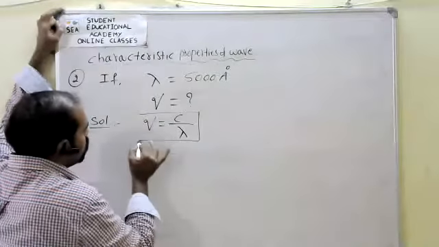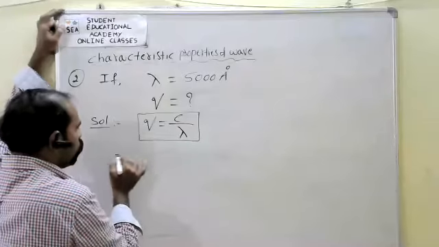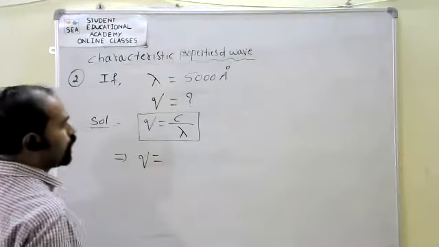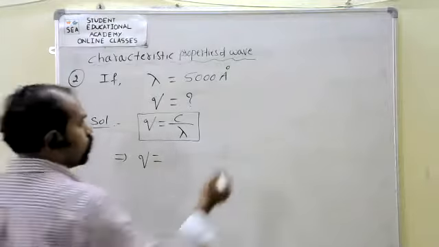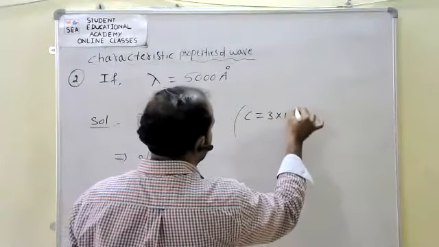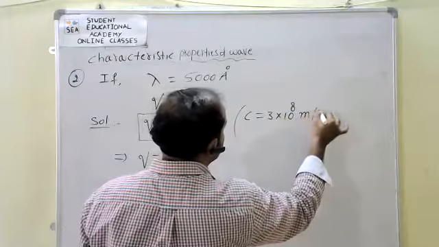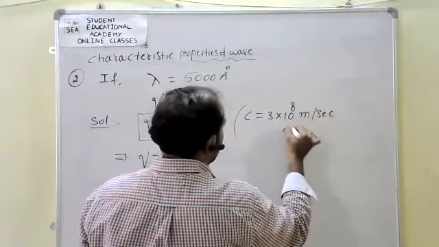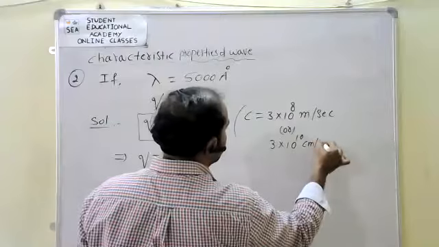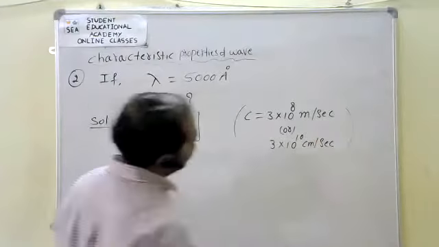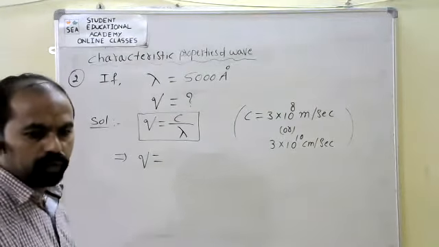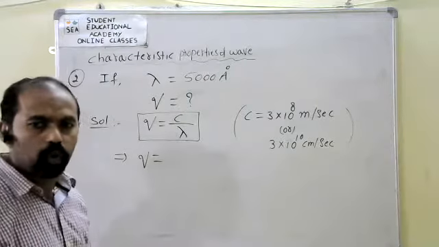We know about this relation where nu is frequency, required. C is nothing but velocity of light, 3 into 10 power 8 meter per second or 3 into 10 power 10 centimeter per second, whatever. That is the constant value.